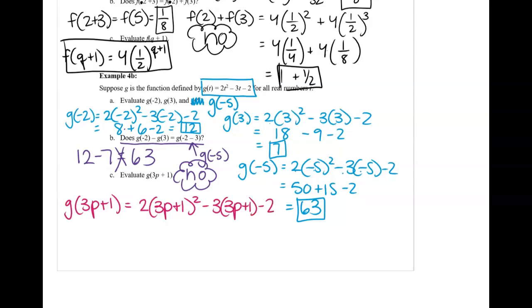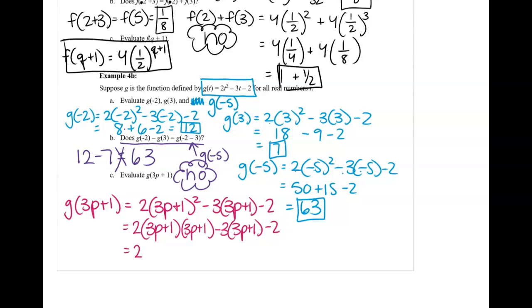So you might plug in here and be done, but it's not simplified, and I'll have to ask you to simplify it, but if I do, you'll have to do more. So this is the same as 2 times 3p plus 1 times 3p plus 1 minus 3 times 3p plus 1 minus 2.